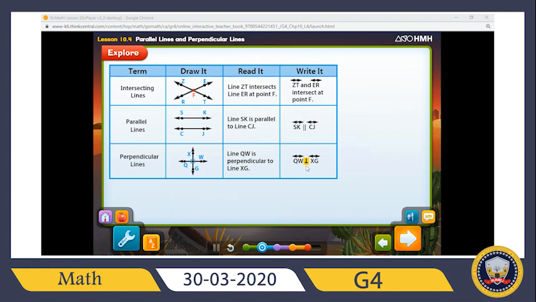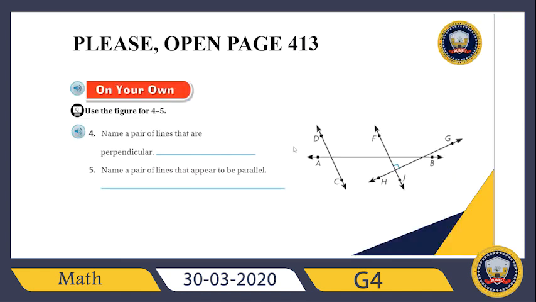This symbol is a representation for perpendicular lines. If you see QW and XG, and you see this symbol between these 2 lines, it means these 2 lines are perpendicular lines. Okay. After this quick revision, please open page 413 and let's start to do many exercises now.